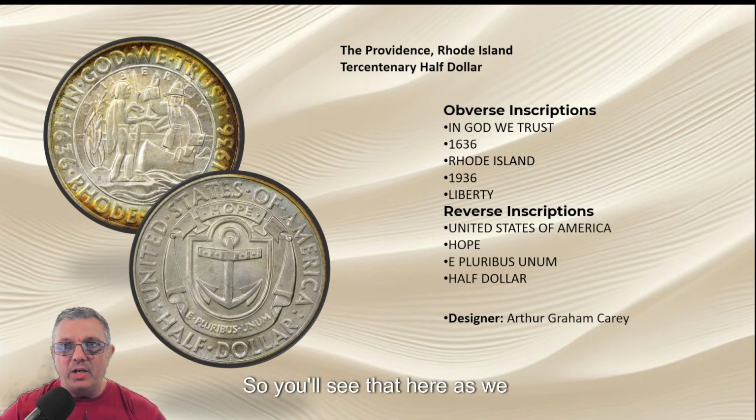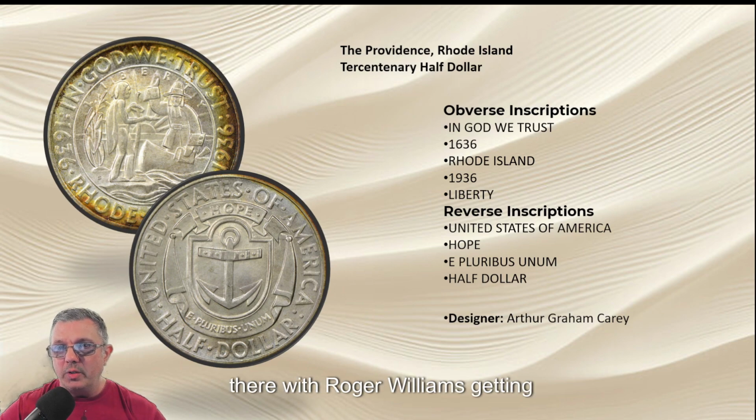So you'll see that here as we look at the Rhode Island tercentenary, and this commemorates the 300th anniversary of the city of Providence. Now you'll see the rock there again, the sun in the background, again, common feature. And you'll see an early settler there with Roger Williams getting out of his canoe, being met by a native American Indian there. And you'll see, again, the reverse. You'll see the shield of the state of Rhode Island. Nice coin.